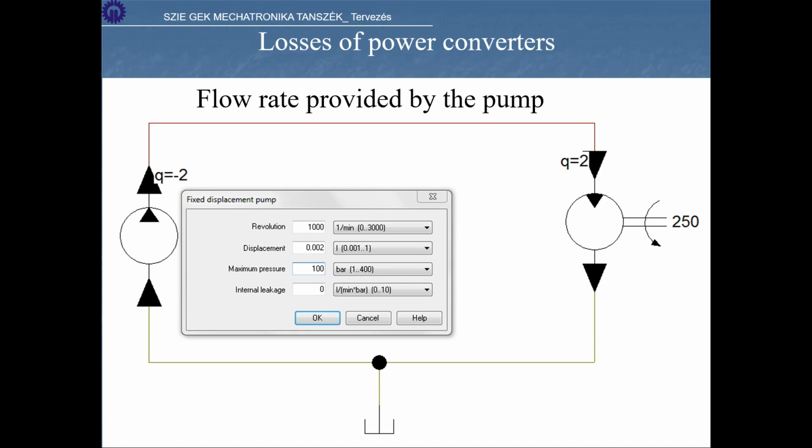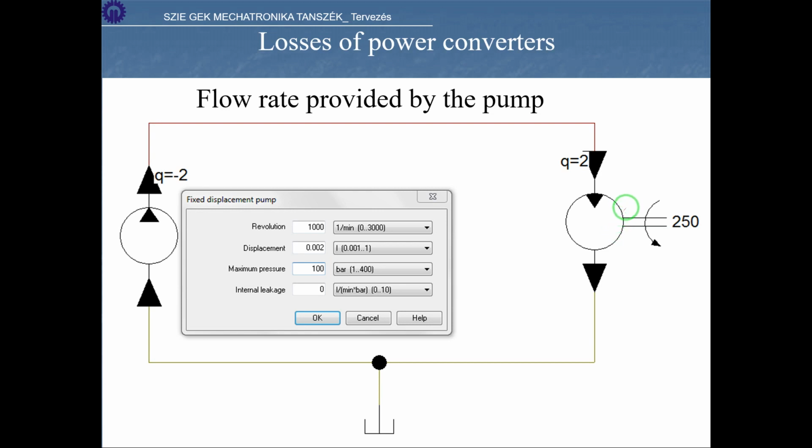There are some clearances near the moving parts of the pumps and motors and pistons and whatever. So therefore we have some volumetric losses. Not all the fluid will do work, but a little amount of oil or liquid will go through these little creepages and cause a little seepage, and therefore this is a loss.